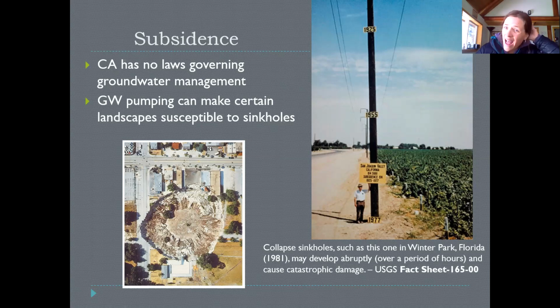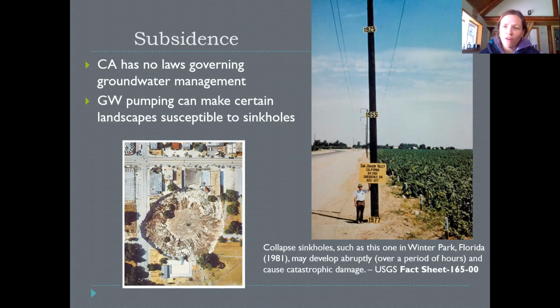We can also have, in extreme examples, what are called sinkholes, when water is pumped out of the ground and the removal of the water reduces the strength of the ground enough. Especially with limestone geology, where groundwater has carved out underground caverns or caves.